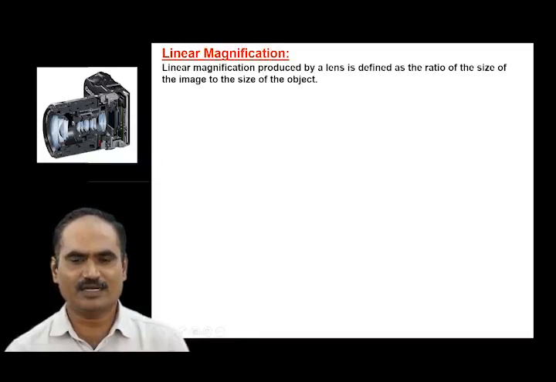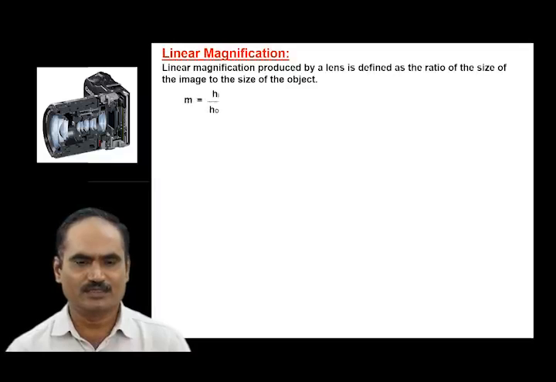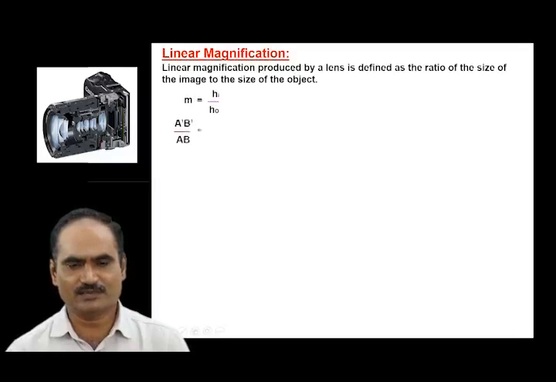Similar to magnification in mirrors, here also it is defined like this. It is the ratio of the height of the image to the height of the object, that is m is equal to hi by h naught. From the previous figure we can write it as a dash b dash by ab is cb dash by cb.